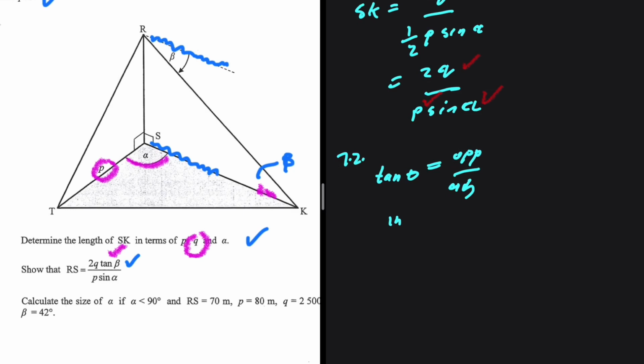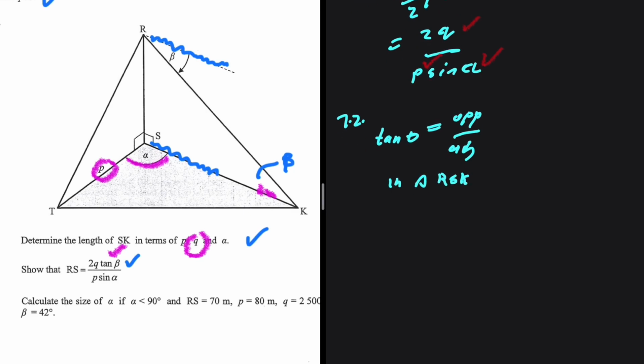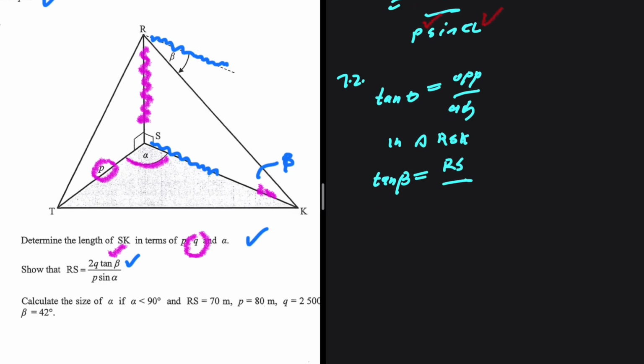This is in triangle RSK. So tan of beta is equal to the opposite, which is RS, divided by the adjacent, which is SK.